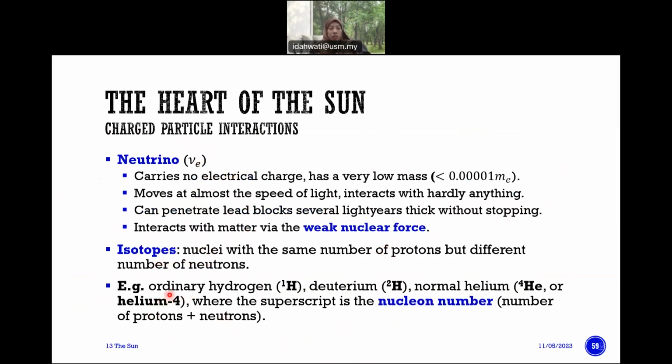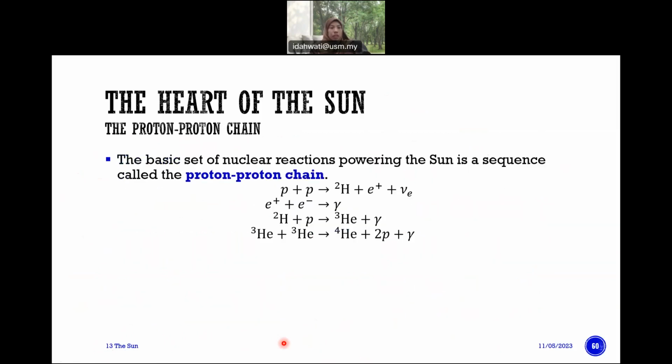So you have, for example, ordinary hydrogen, deuterium, normal helium, where the superscript is the nucleon number. The nucleon number is the number of protons plus the number of neutrons. This one is important too, maybe for your final.